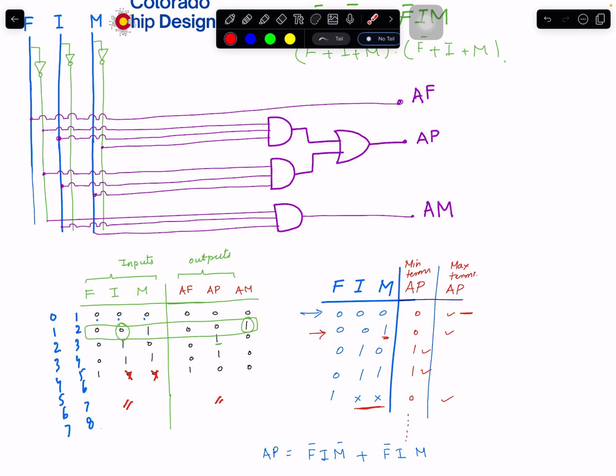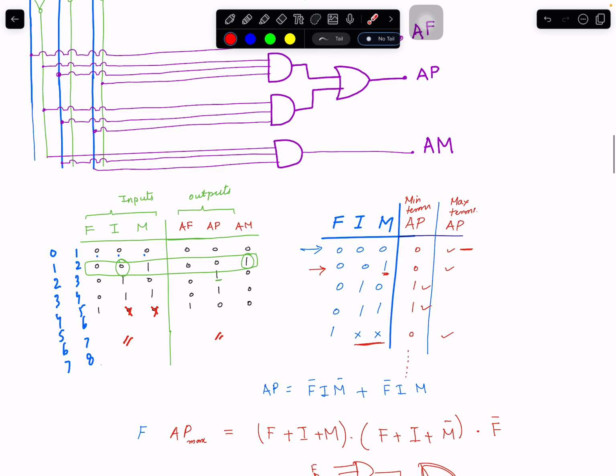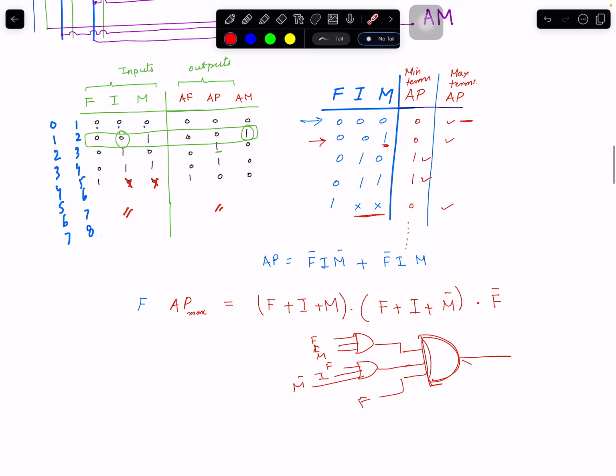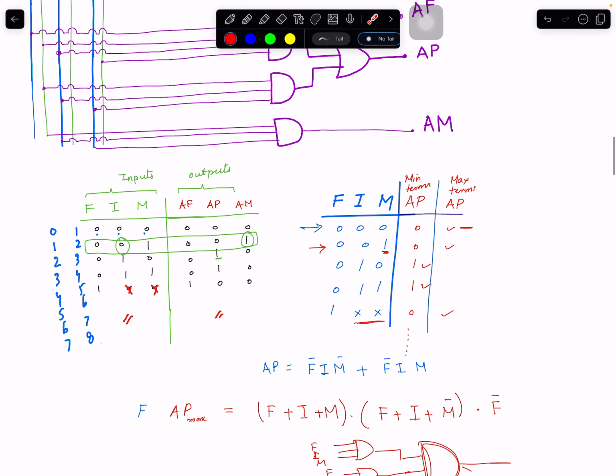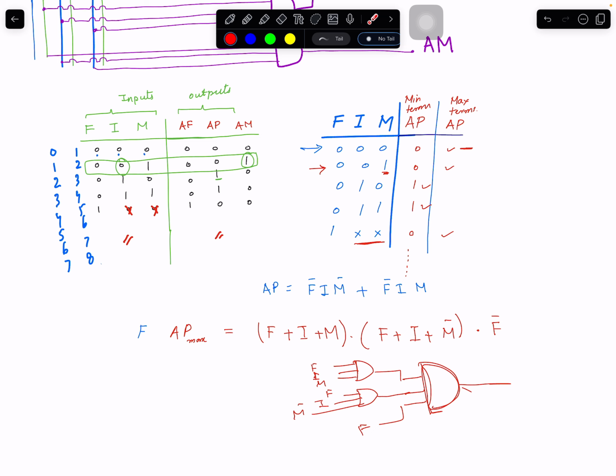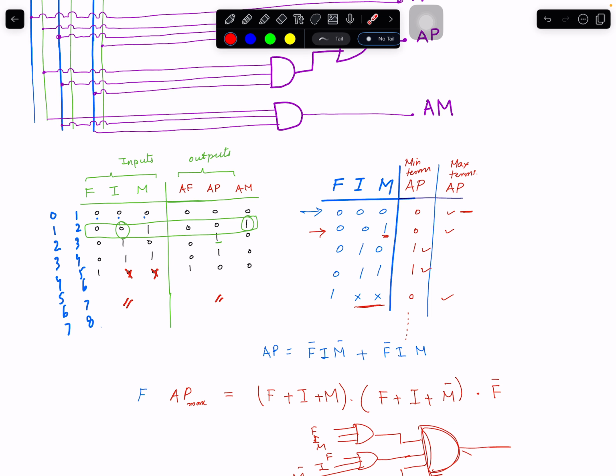And later on, when we look into CMOS and build circuits with 2 input OR or 2 input NOR or NAND, you will see that there are more transistors used in this. So by going with this one, it's still simpler than this one. So typically what I was saying is, if you have fewer ones, you better go with this method. If you have fewer zeros, you better go with this method. That's how you decide. But whether you generate output 0 and for others it's 1, or you generate for certain combinations 1 and for that it's 0, it doesn't matter, right? Does it?